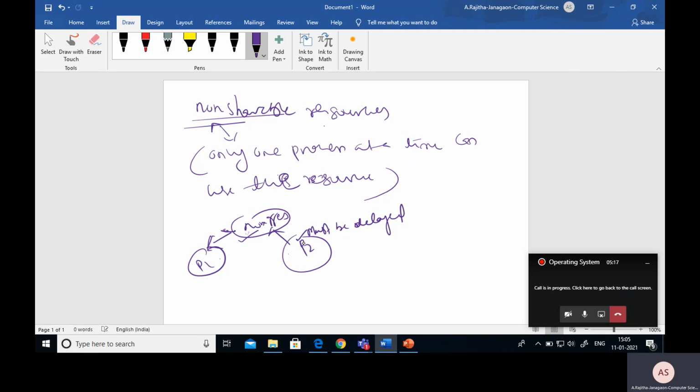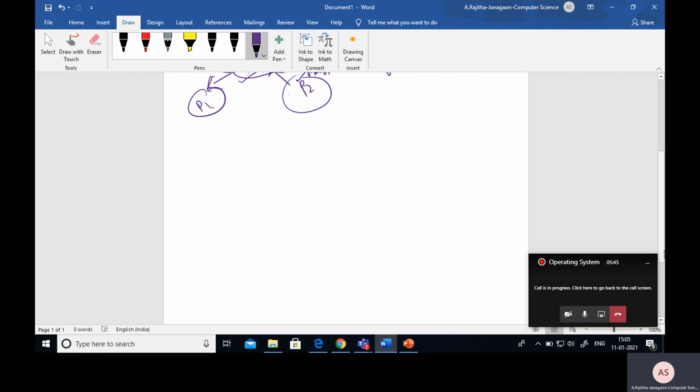So if P2 decides to use this resource, but it is already used by process P1, that is not possible until it is released. Until then the resource cannot be used here. This is what mutual exclusion is.